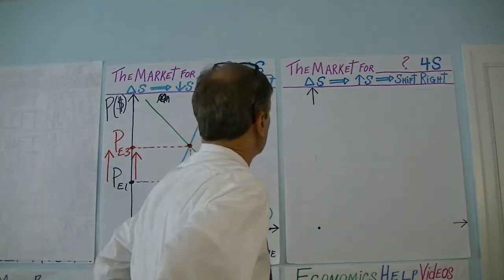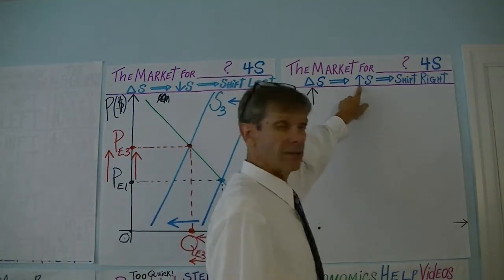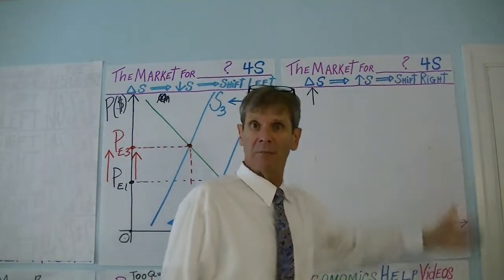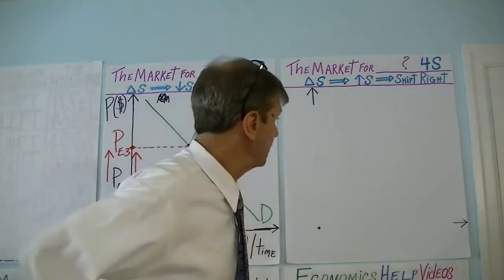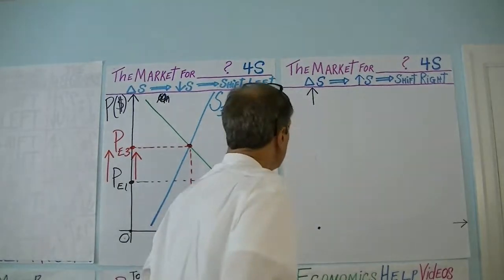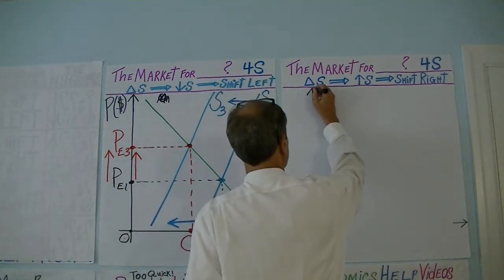So here's a change in supply, says that there's an increase in supply. The model tells us that we have to graphically illustrate that by shifting to the right. So the first thing we want to do is draw the shell, and I've got it started here a little bit.